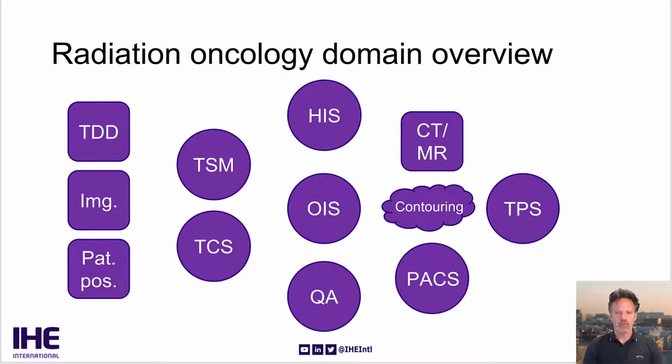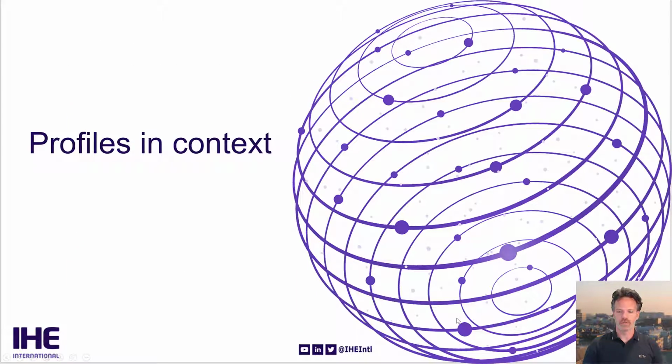So here I drew all of these different things as circles and boxes. The boxes are kind of hardwares. The circles are softwares, and this contouring, I put it in a cloud. It can be in the cloud, but it can also be inside one of the surrounding systems, such as the TPS, PACS or OIS. So just going through these different acronyms.